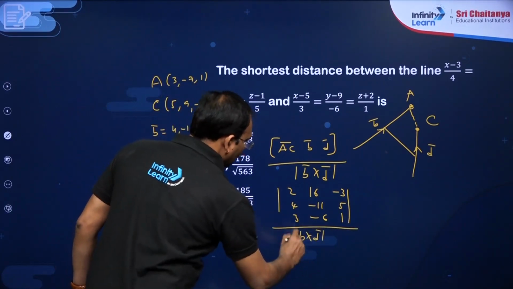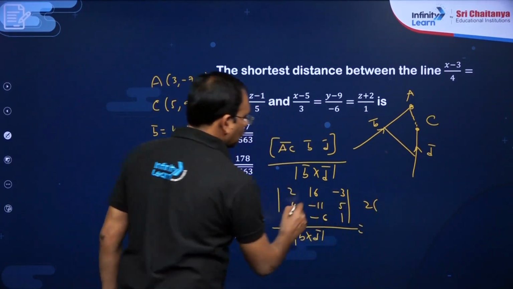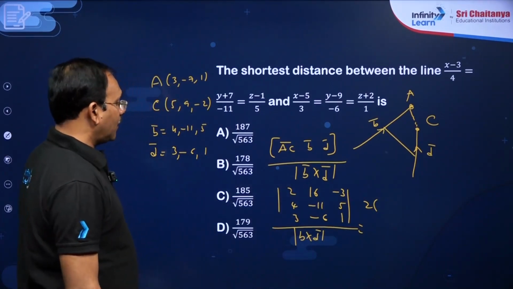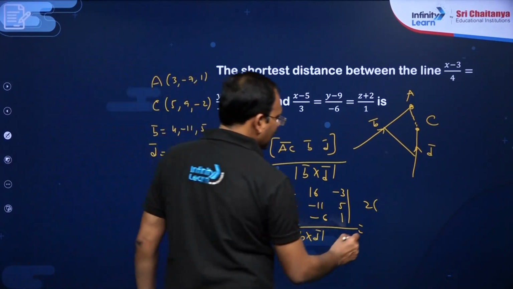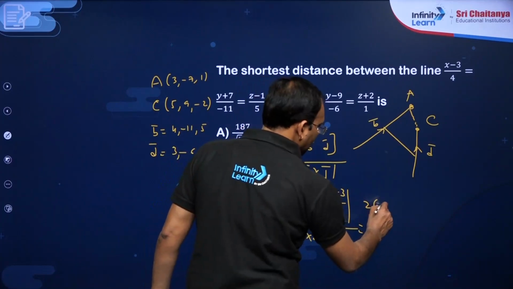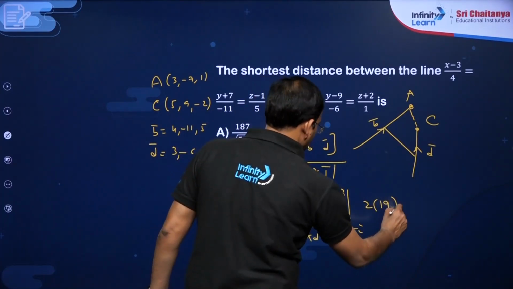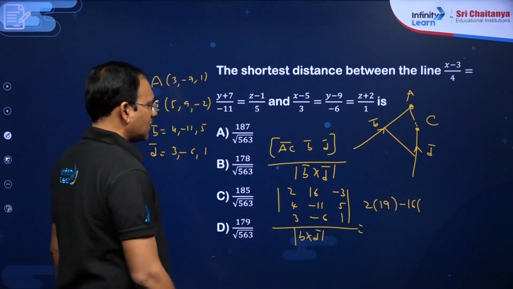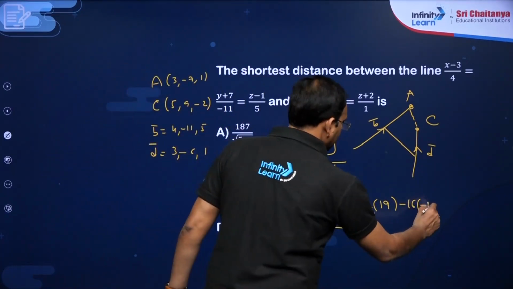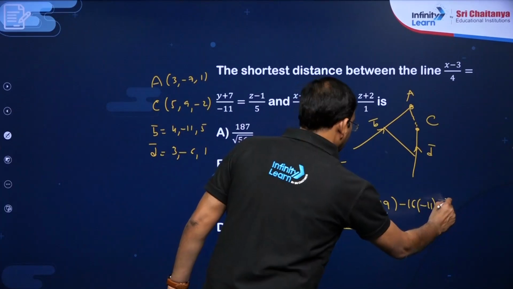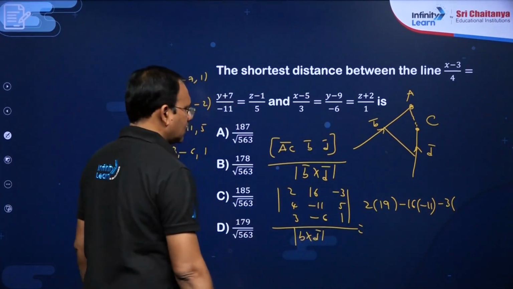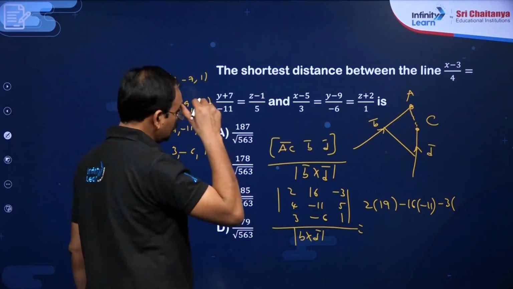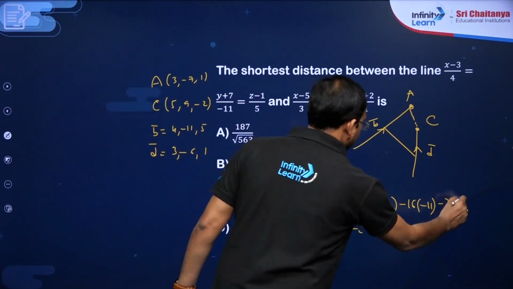Okay, so now you just expand this by first row only, 2 into minus 11 plus 30. 30 minus 11 will become, you see, 19. Minus 16 into, you will get 4 minus 15, which is minus 11. Minus 3 into, you will get minus 24 plus 33, means another 11.